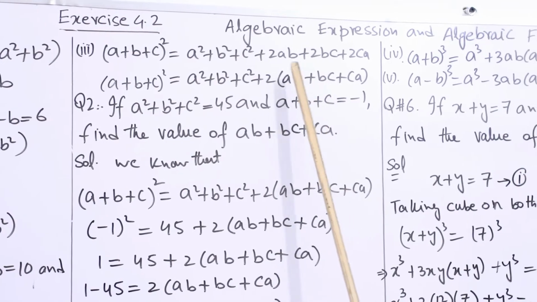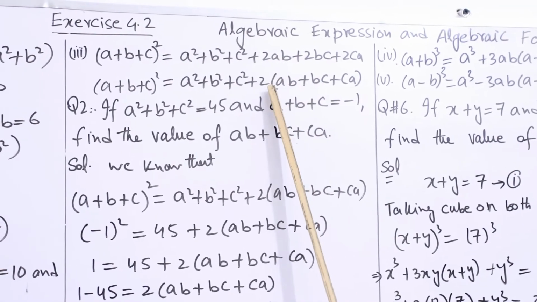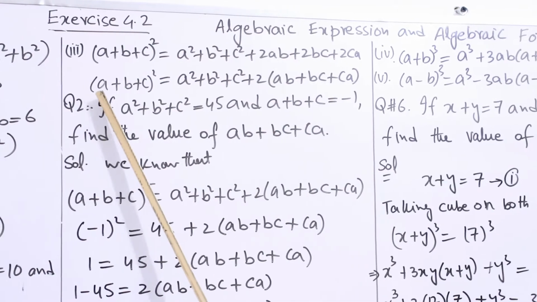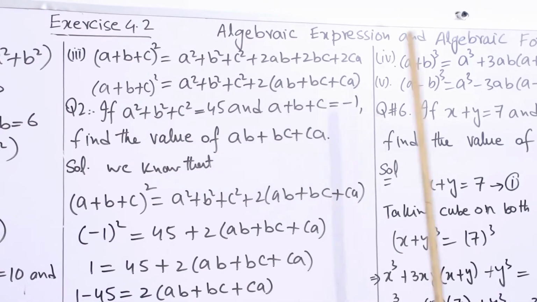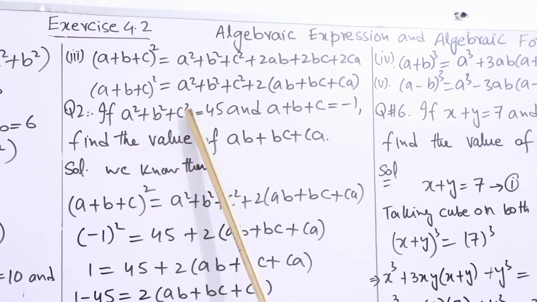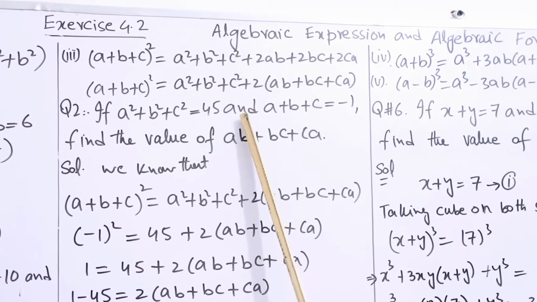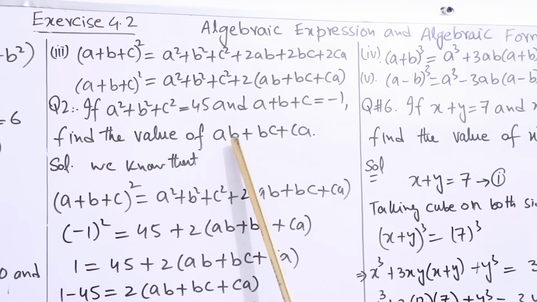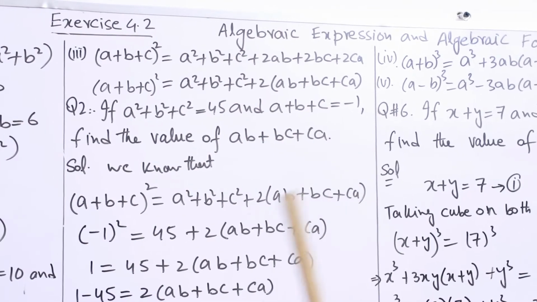Now we can take 2 as common, so it is 2 within bracket (ab + bc + ca). So we use this form of the formula. If we are given that a² + b² is equal to 45 and a + b is equal to −1, find the value of ab + bc + ca.